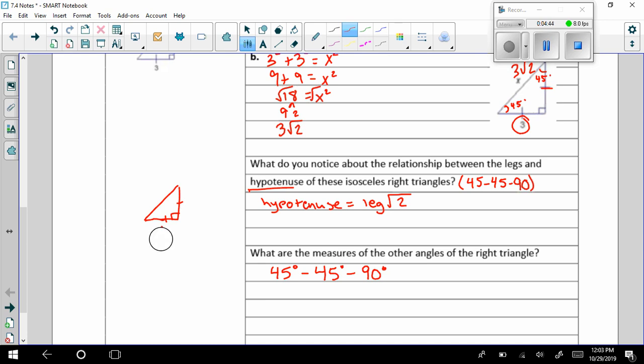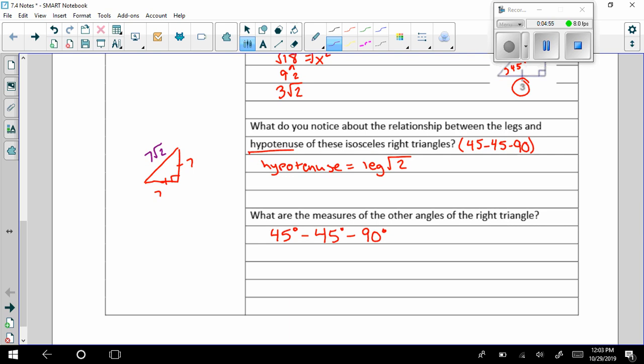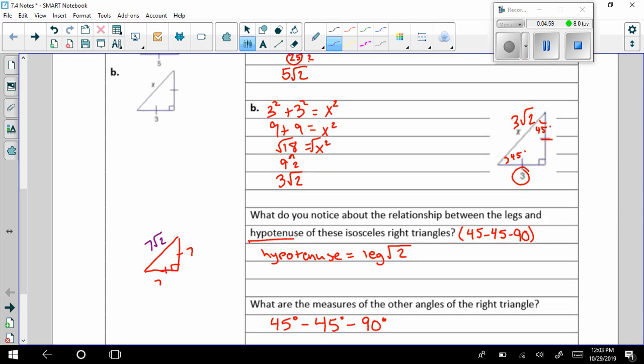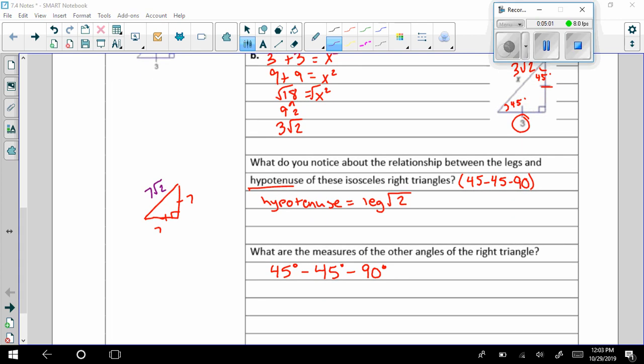We did 3 already. Let's do 7, 7. So this automatically would be 7 root 2. You don't have to do the Pythagorean theorem if you see that relationship. Now, as you can see up here, doing the Pythagorean theorem will get you the same answer.